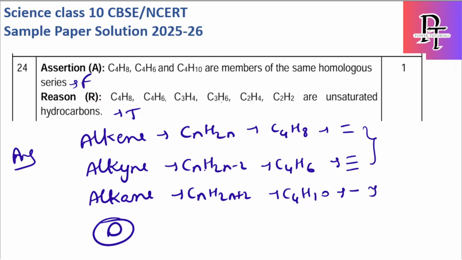Alkyne CnH2n minus 2, alkane CnH2n plus 2. These two are unsaturated, less stable when compared to this one which is saturated. This belongs to the 4th chapter, which is carbon and its compounds.